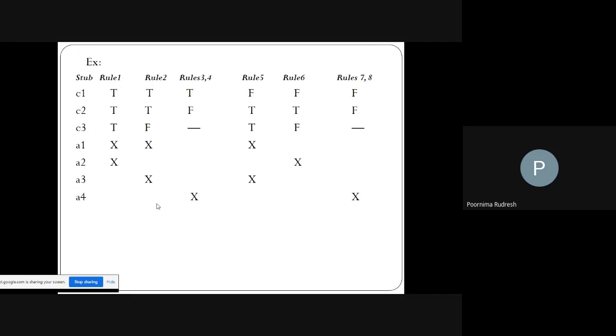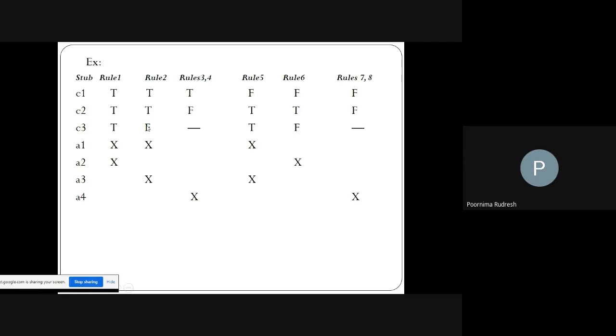As I said, in some decision tables we use yes or no conditions or 0/1. Here we use T or F to indicate true or false.